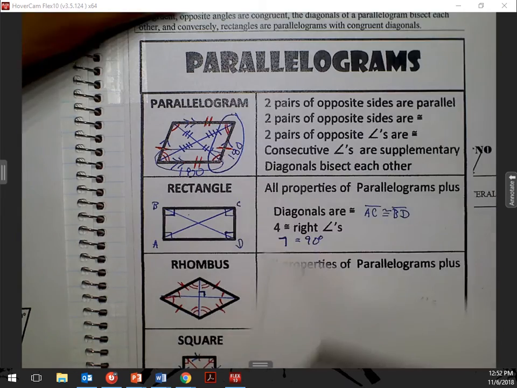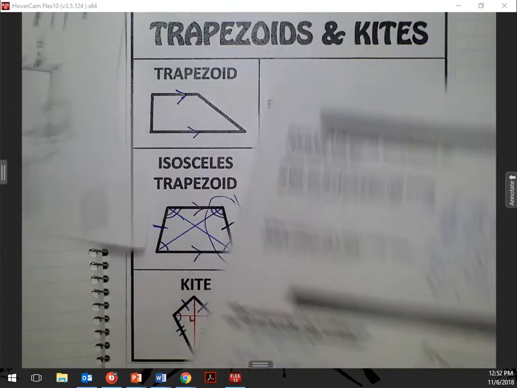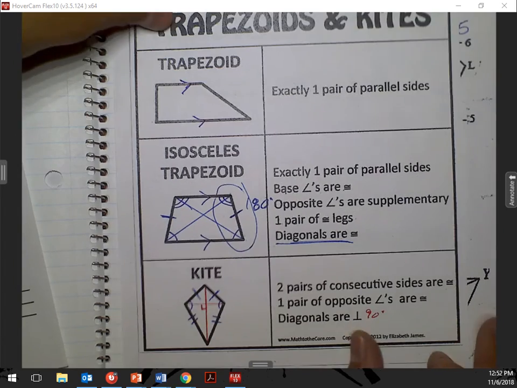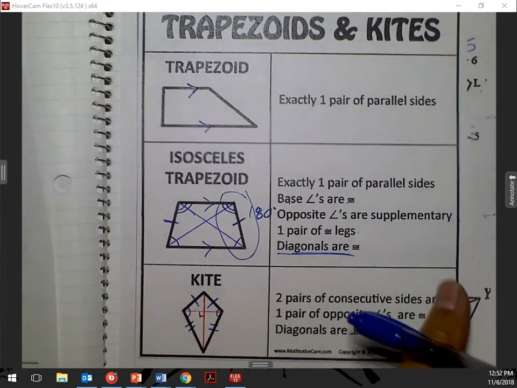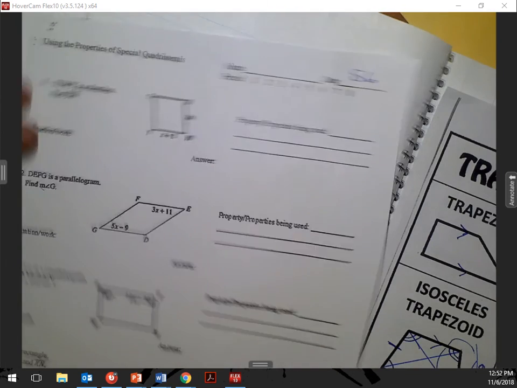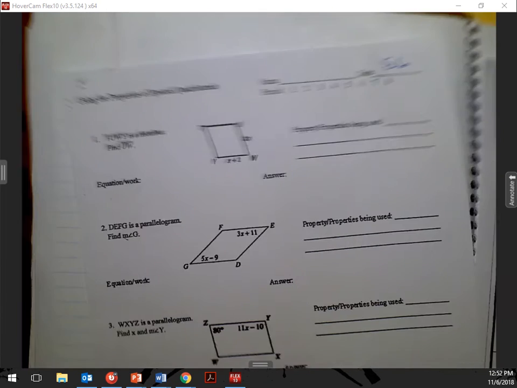Okay, so all this is going to be on page 57. So page 57, when you put it down, it's going to be like this. That one on top, and then 56 right here. Messed up my camera.